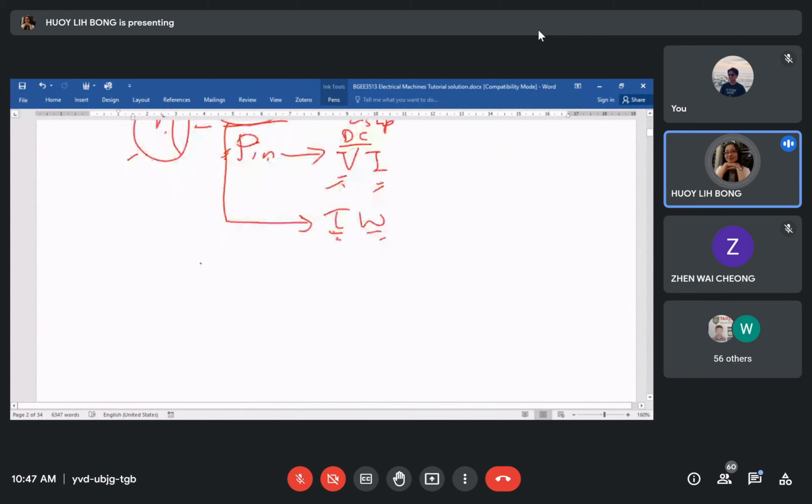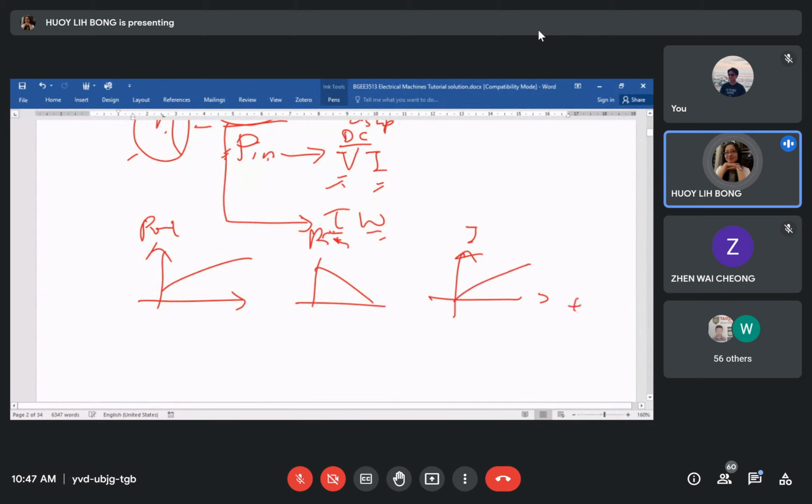If you want to give people 7 graphs by itself, can also. I plot 1 output like that, then I have input like that, then I have current like that against time, of course. So you have 7 different graphs.